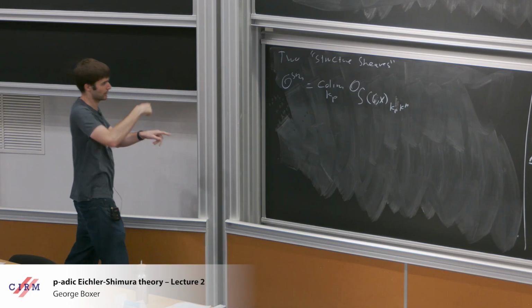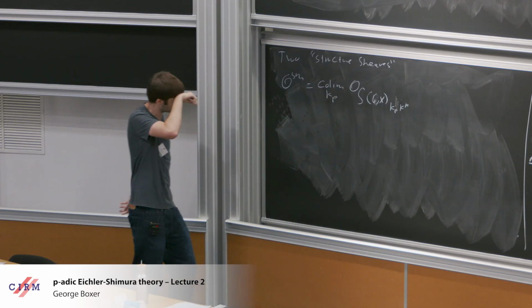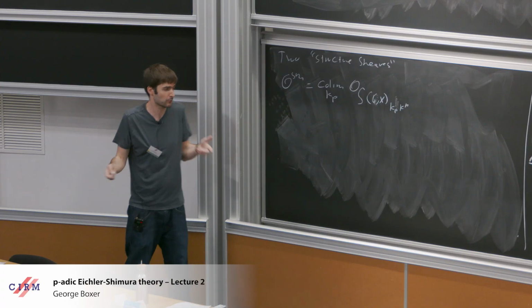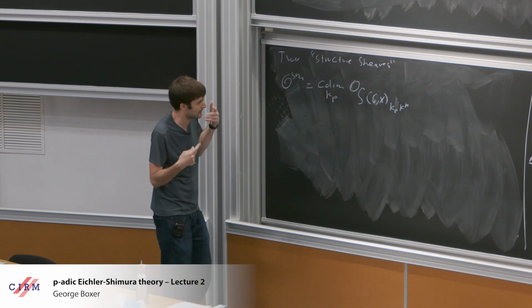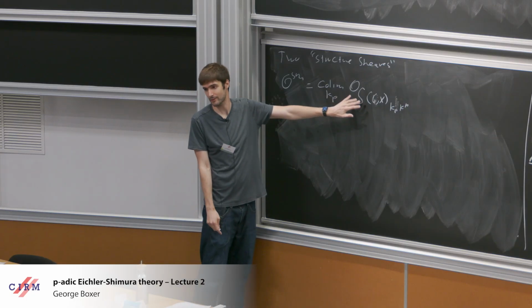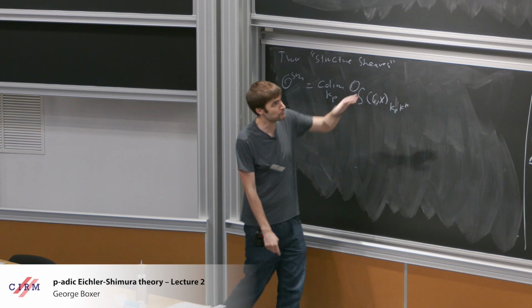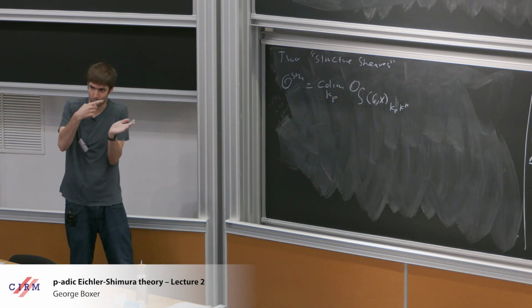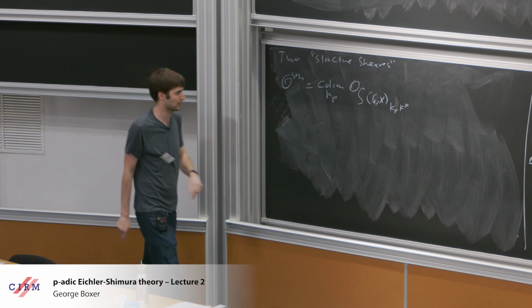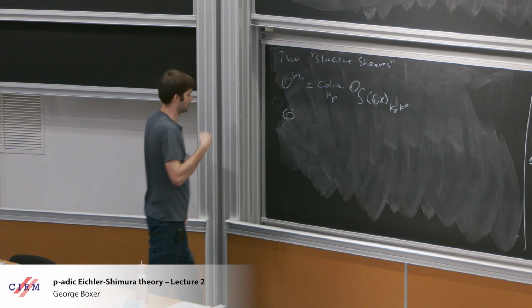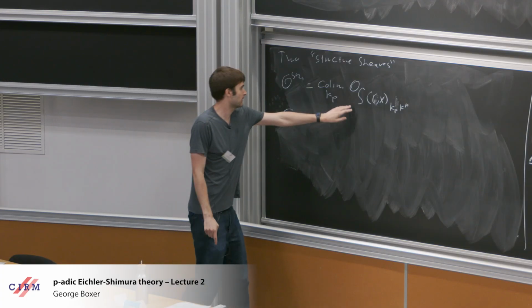Or maybe they're pullbacks, but okay. And we call this O^smooth because the action of the group G(Q_p) is smooth. Any section of this sheaf at infinite level will be pulled back from some finite level, and so it'll be invariant under whatever open compact subgroup was in the level. Okay? And then the other one is the p-adically completed version of this.